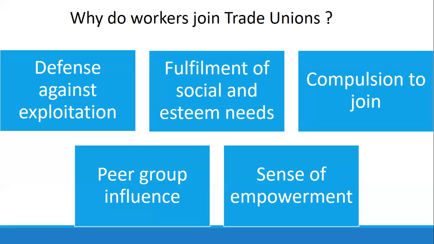So only a single union is there, and that union compels the individuals to join the trade union. Employees will not have any other option except joining, though they are not interested to join. So this is one reason why people join trade unions.